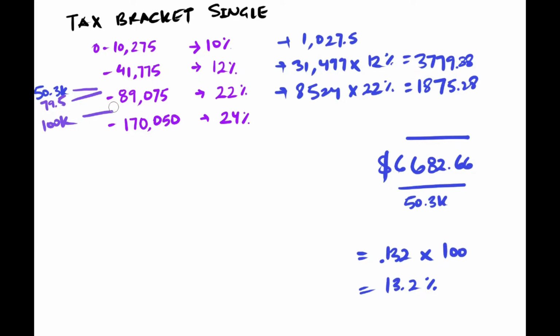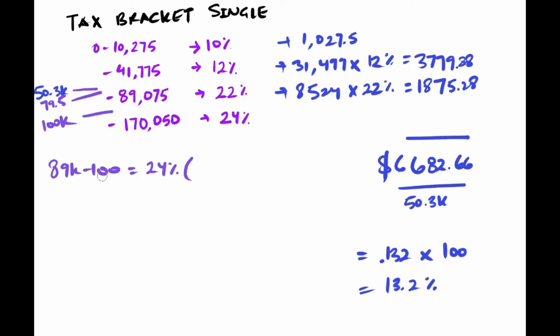Now, how much taxes we would have paid if we did not use the pre-tax system. So let's generalize a little bit here. On 100K, meaning from 89.76 to 100K, so we'll just abbreviate 89K to 100K, we would have paid 24% because that's the bracket it falls under. So this would be 24%.